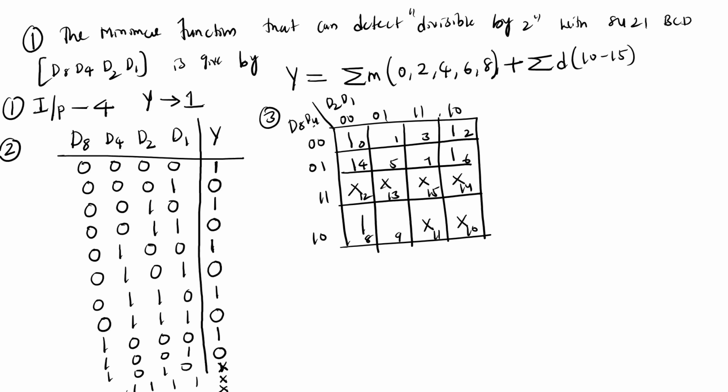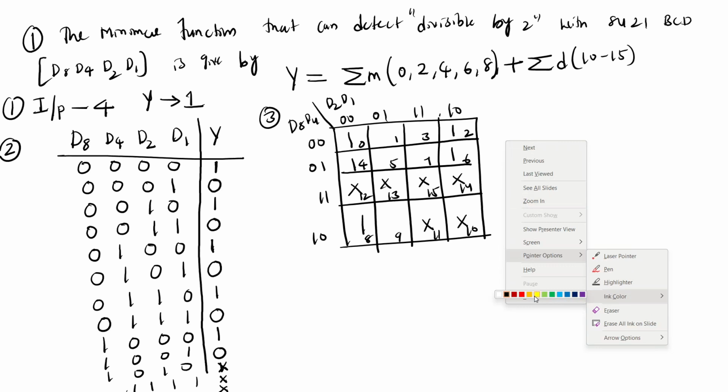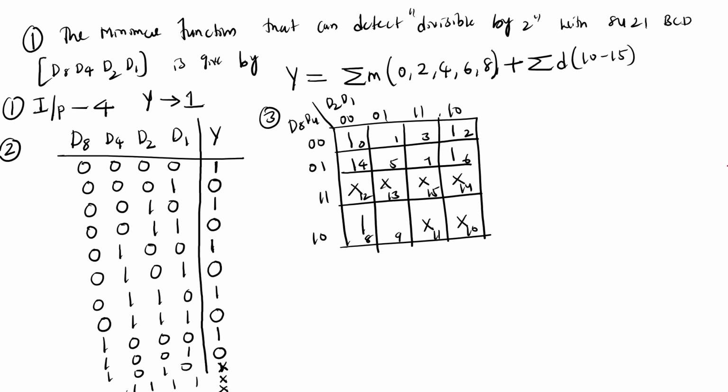So depending on the possibility, I can consider don't cares as 0 or 1. Here I am considering this don't care as 1, these two don't cares as 0, and this also as 1.